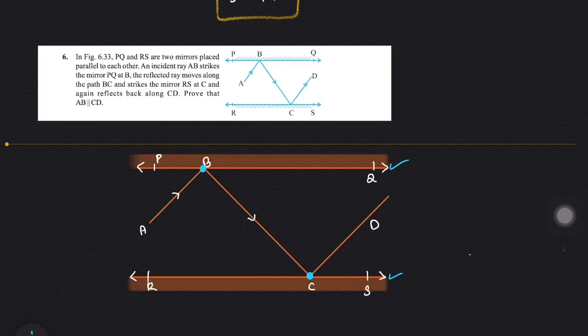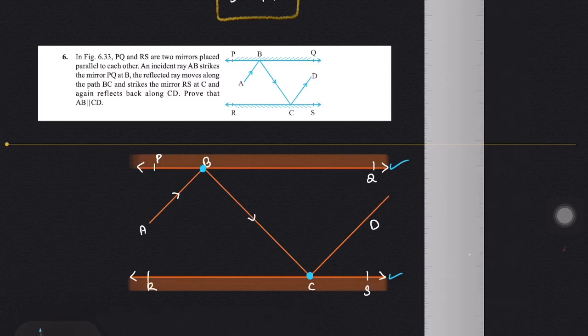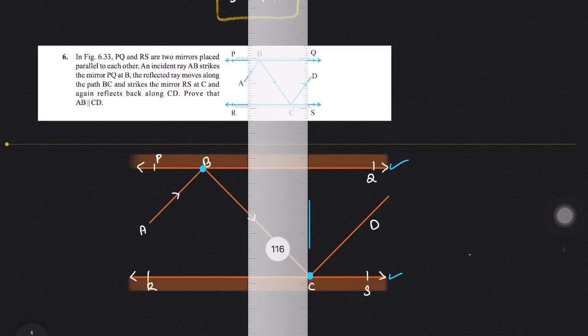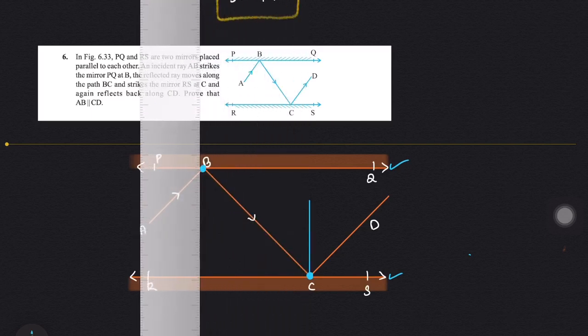So, mirror conditions. Using the law of reflection, just make a perpendicular line at C and B also. So this one is perpendicular to C, and this line also.